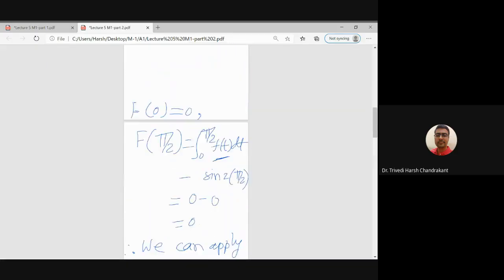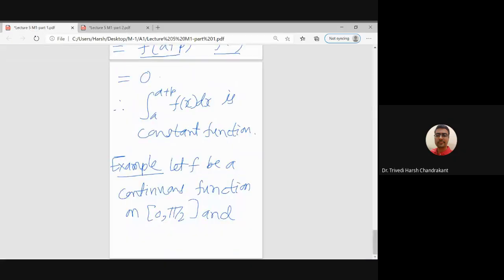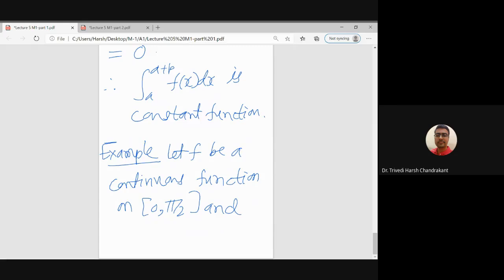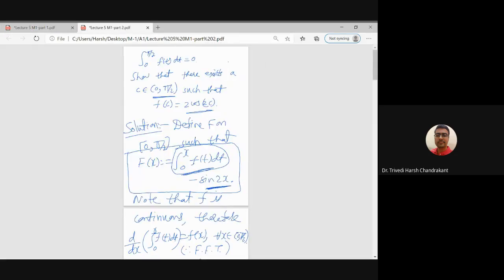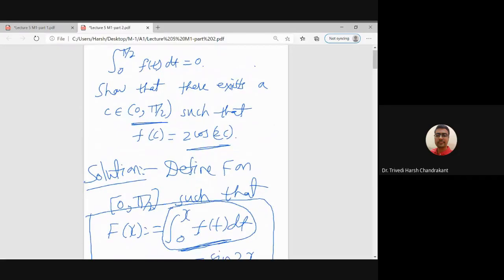So let me just show all the solution once again. We started with the function f, which is continuous on the closed interval 0 to pi by 2, and it satisfies that the integral of the function is 0, right? So we want to show that there exists a point c in the open interval 0 to pi by 2 such that this condition is satisfied.